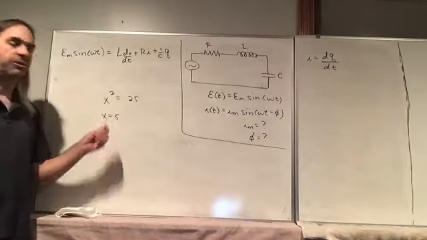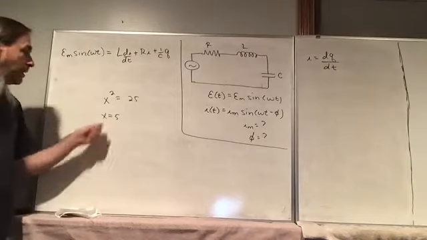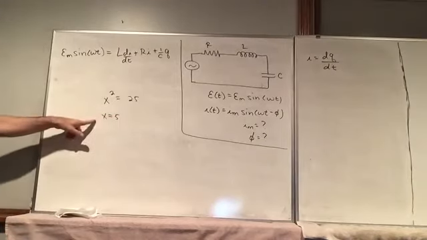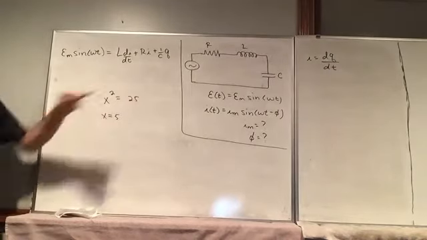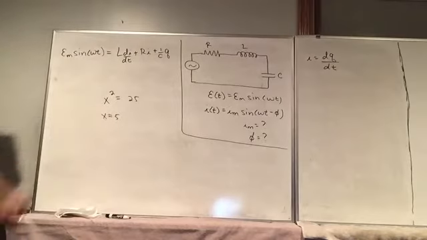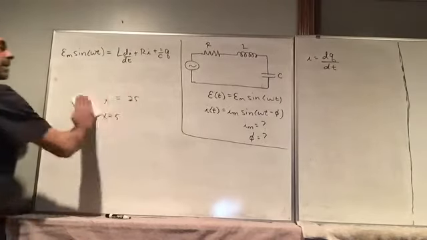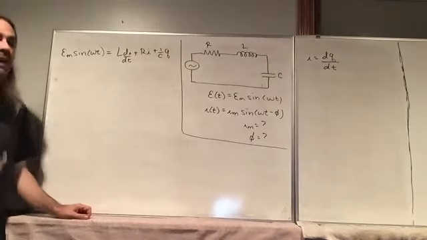And if someone challenges you and says, well, how do you know? How did you come up with that? You can say, who cares? The fact that you can't explain why that's a solution doesn't mean it's questionable in any way. You know that 5 squared is 25, so this is a solution. It doesn't mean it's the only one; -5 would work as well. So guessing a solution is valid.